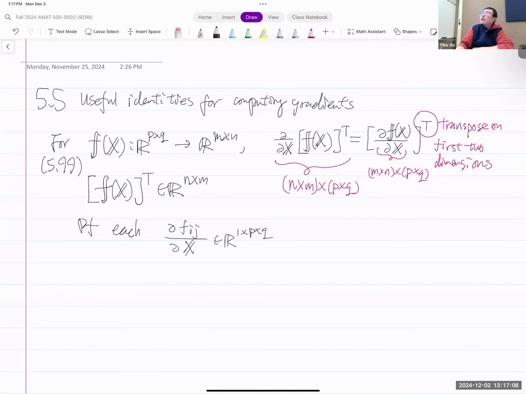It's a scalar, right? For every pair ij, it's a scalar output, and the preimage is a p by q matrix, so it's 1 by p by q. And for the left hand side, for this transposed matrix, every element is going to be somehow related to Fij.